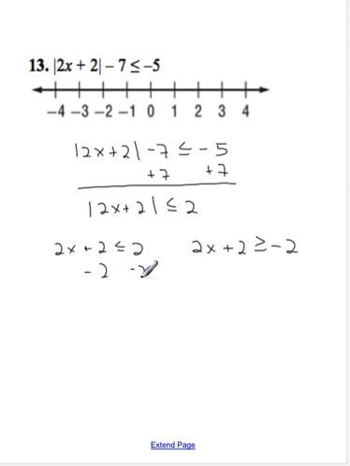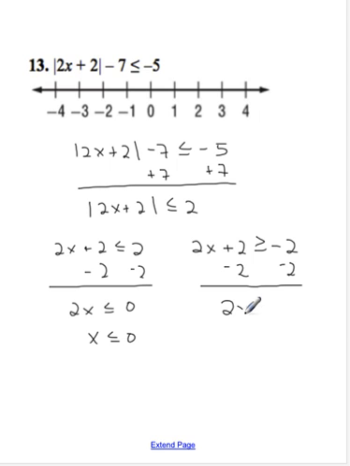So solving is going to give me 2x is less than or equal to 0, so x is less than or equal to 0. And solving here, I get 2x is greater than or equal to negative 4, and so dividing both sides by 2, x is greater than or equal to negative 2.